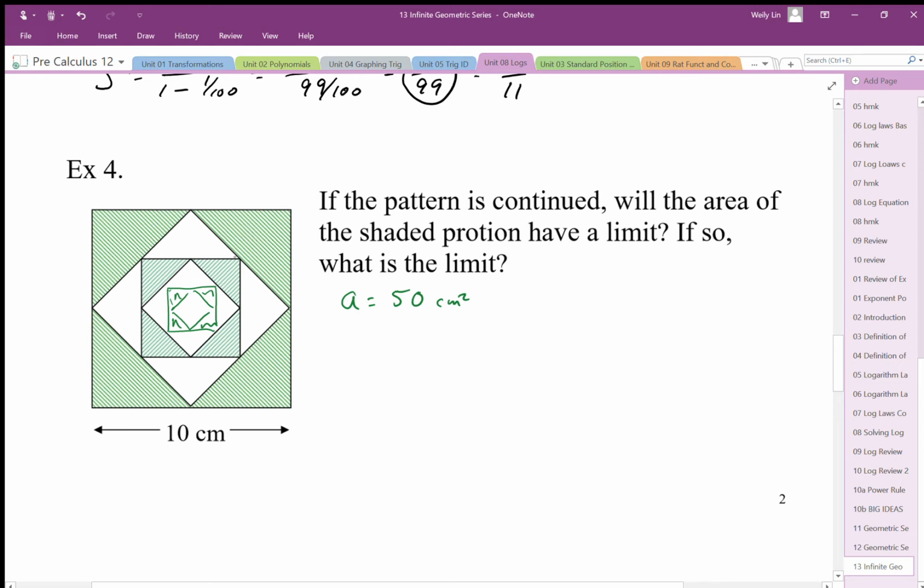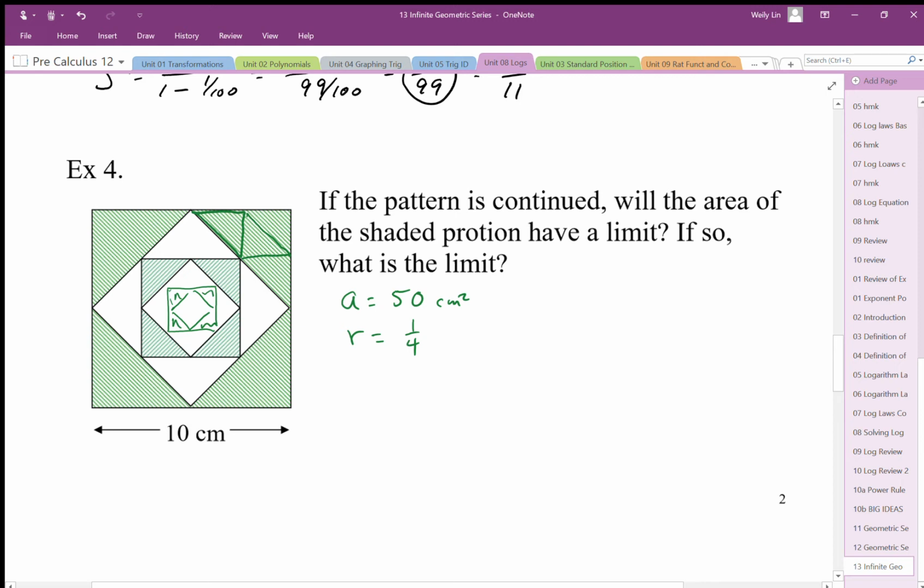Looking at one triangle, each iteration is 1/4 of the original triangle. So my r value must be 1/4. I'm getting exactly 1/4 each layer, and this inside layer is a quarter of this layer.